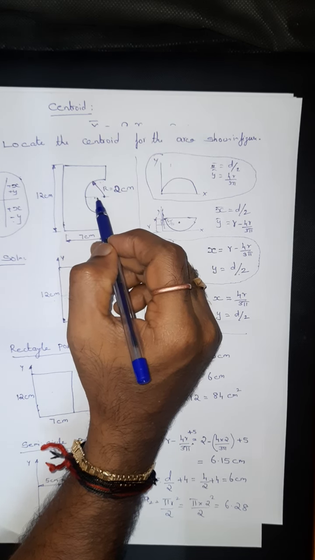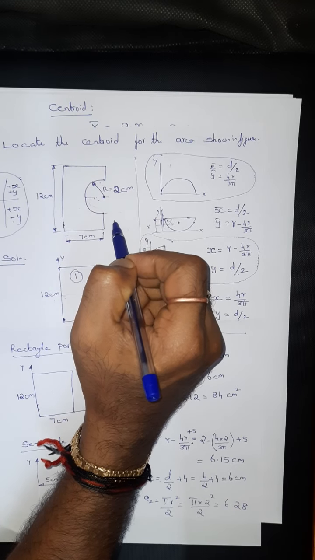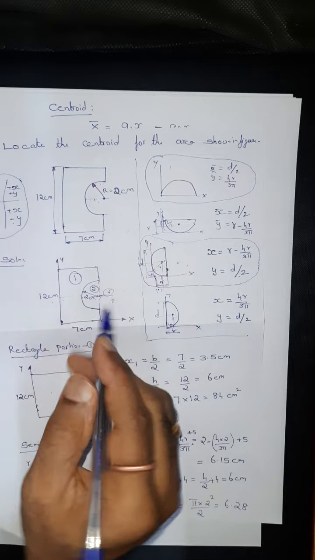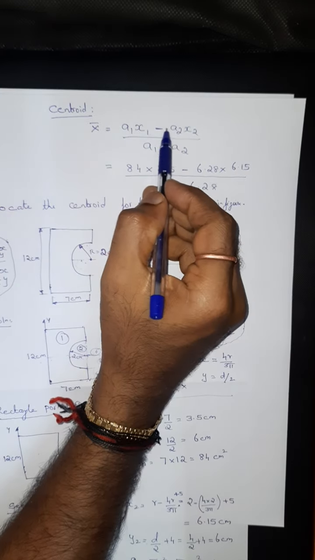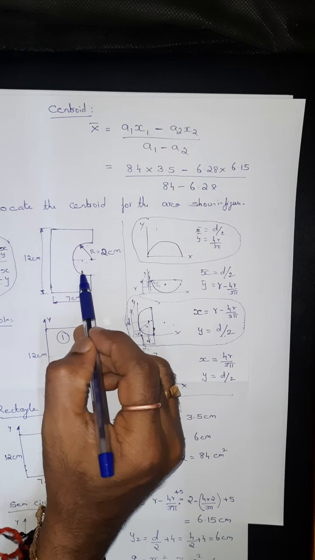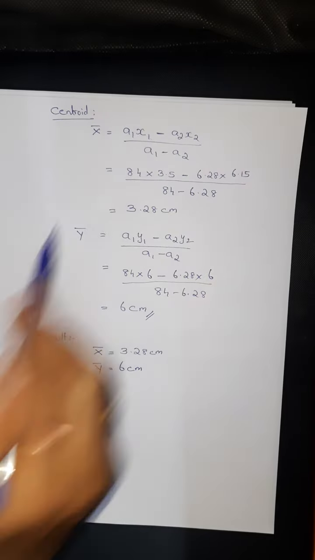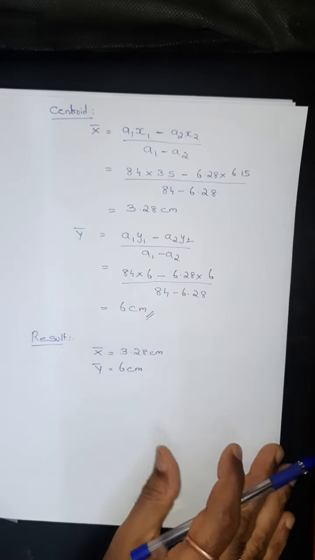The formula is totally different. If it is an extended portion, then there are two different objects, so instead of minus, you have to plus it. Here, within one object shape, another shape is there, so you have to subtract this particular portion. That's the reason the formula has changed here, right?